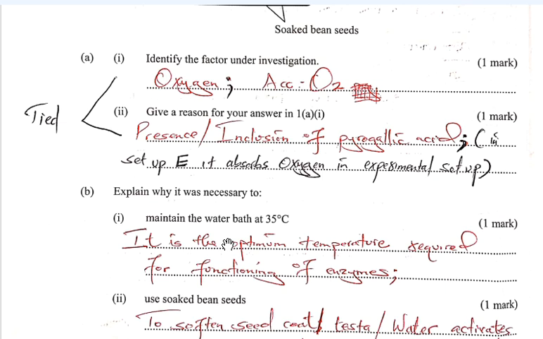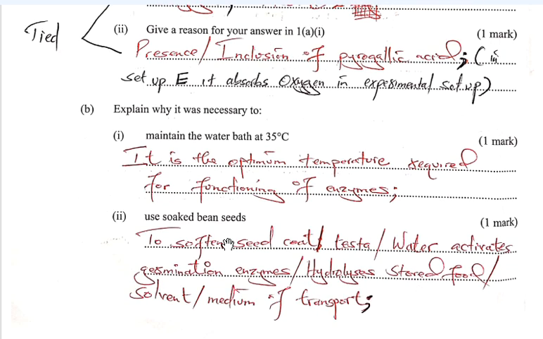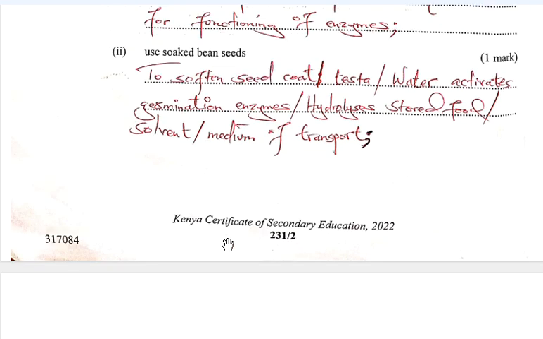Roman 2, using soaked bean seeds. When you soak the bean seeds in water, they soften the seed coat of the testa. Apart from that, water activates germination enzymes, hydrolyzes stored food, and acts as a medium of transport since it is a solvent.